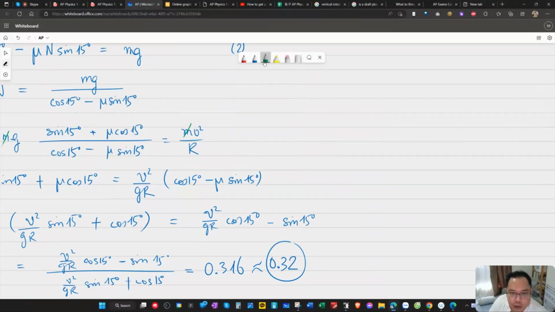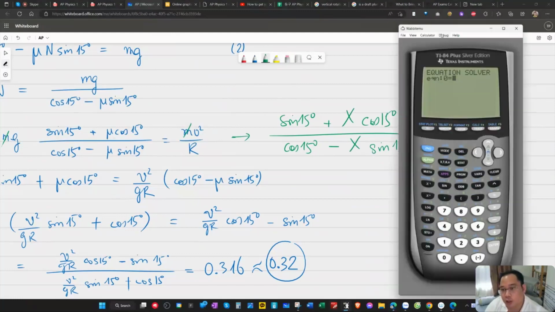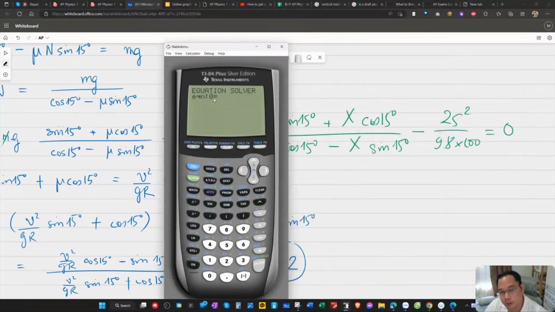This equation will be equivalent to sine 15 degrees added with x cosine 15 degrees over cosine 15 degrees minus x sine 15 degrees, subtract 25 squared v squared over g 9.8, and r is 100, equals 0. One side of the equation is given 0 here.